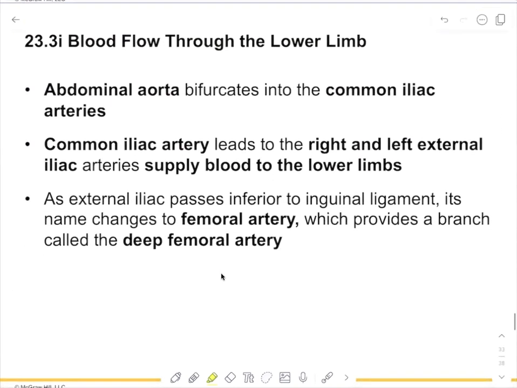For the lower limb, the abdominal aorta is going to bifurcate into the common iliac arteries. That common iliac artery leads to the right and left iliac, which supplies blood to the lower limbs. Once the external iliac is now in the lower limb, it changes its name to the femoral artery, which provides a branch for the deep femoral artery.